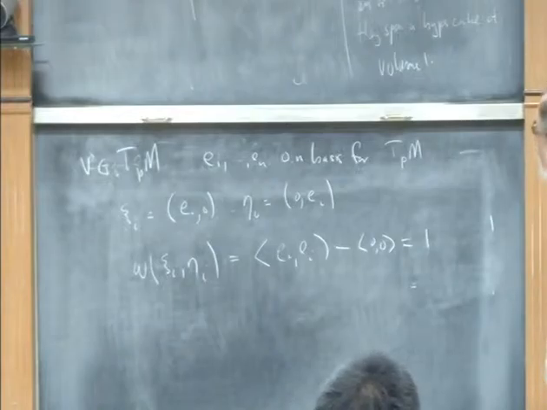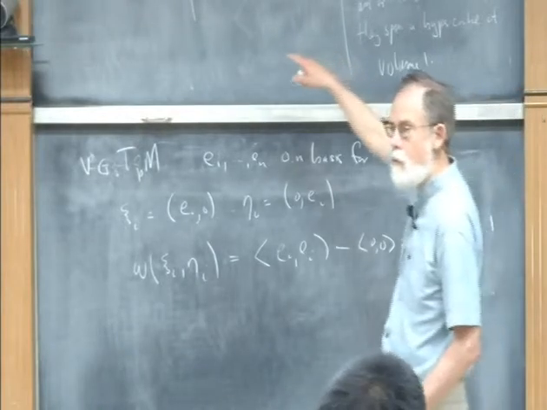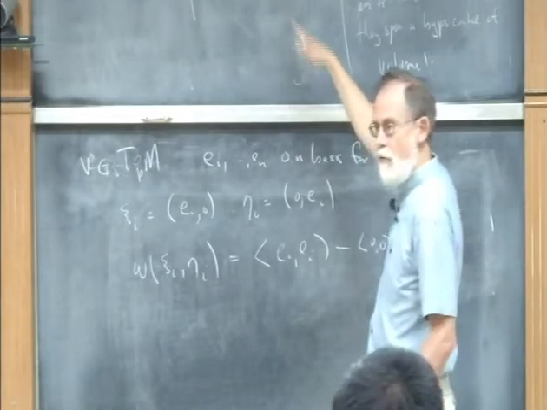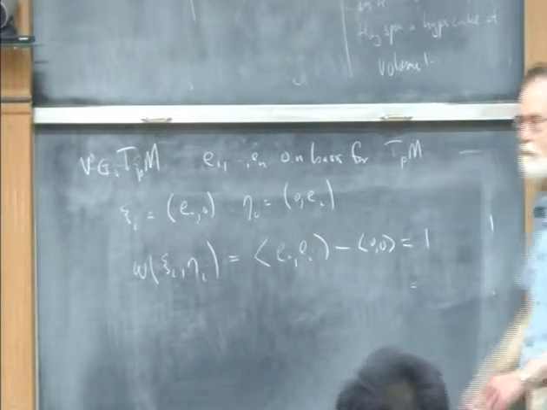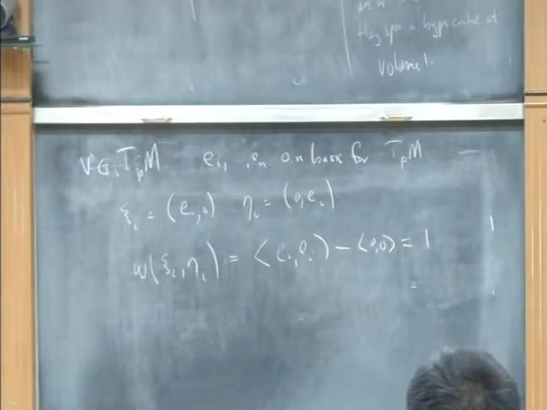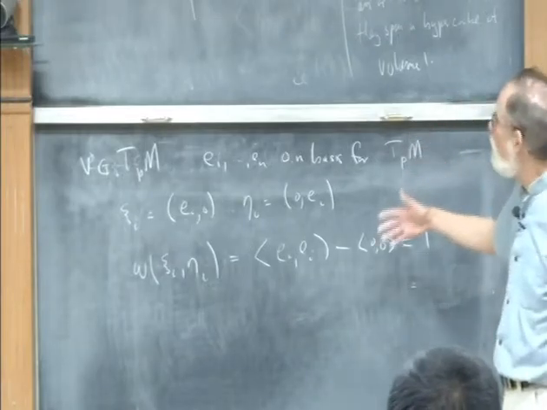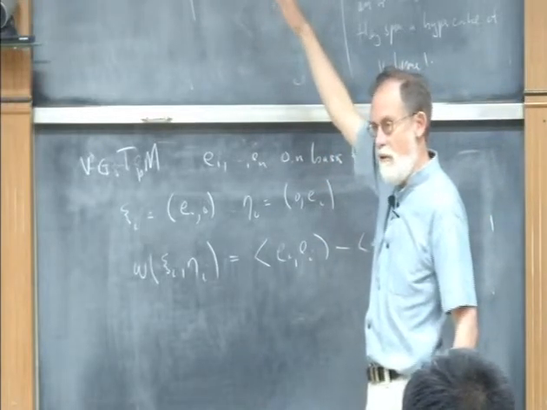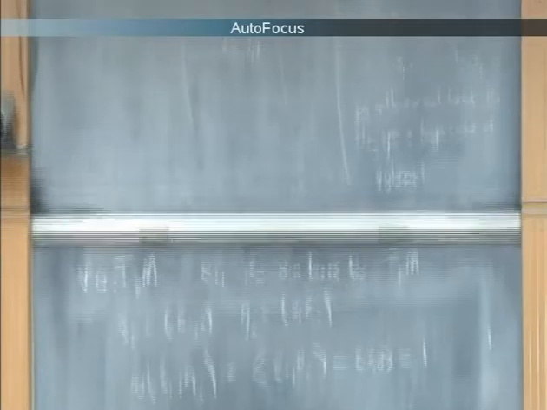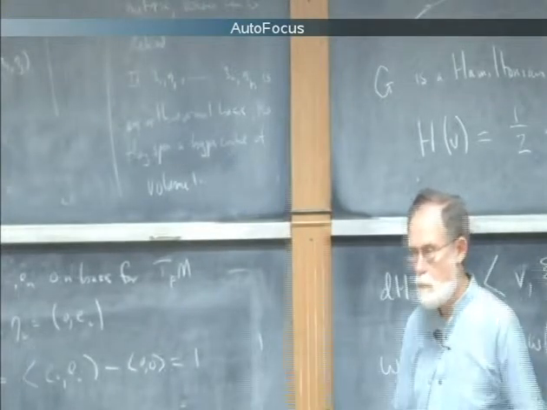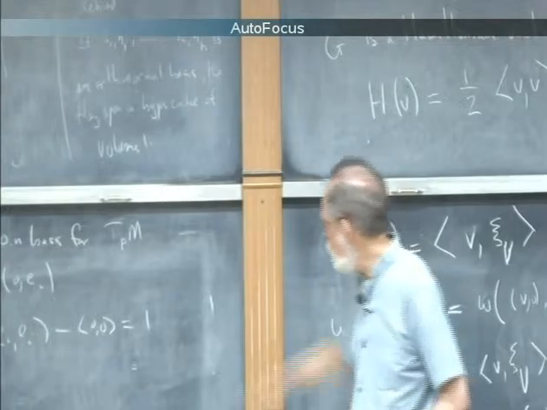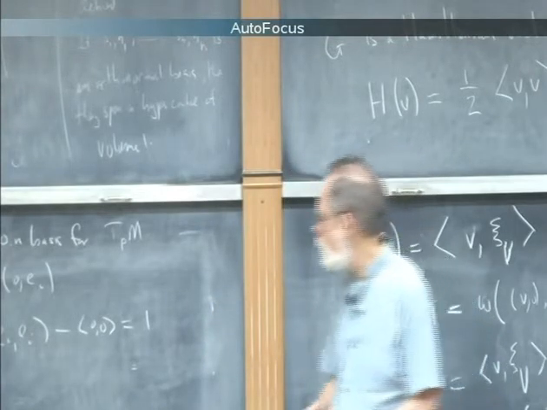Then if you look at the determinant that I talked about, you're just going to get 1s on the diagonal and everything else 0. So the two notions of volume are the same. And the fact that the geodesic flow preserves omega says that if you think of the volume as coming from the symplectic form, it's preserved by the geodesic flow. So that's why we have the natural invariant measure.